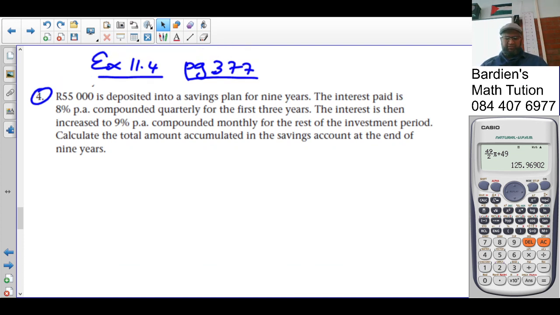Just hang on. 11.5, number 4 and 7. Did I give you the whole exercise to do? No. So why did you do number 4? You're just calling out numbers.